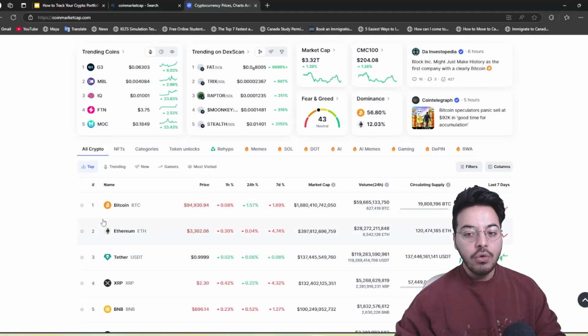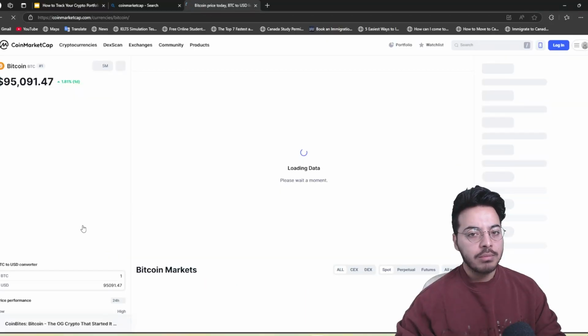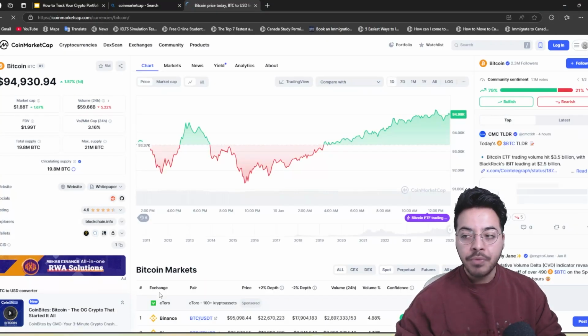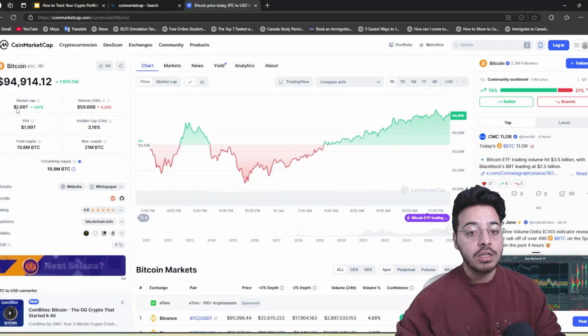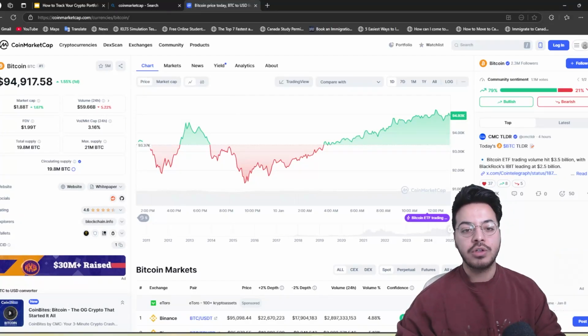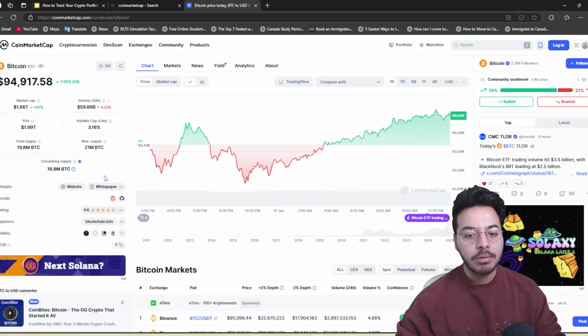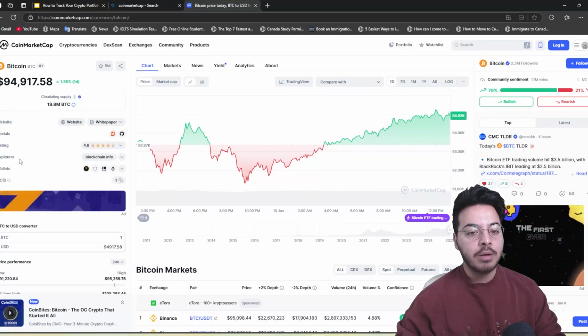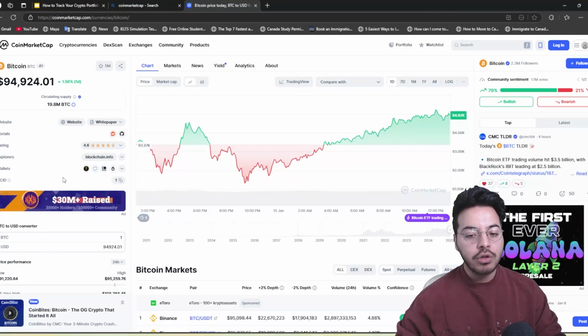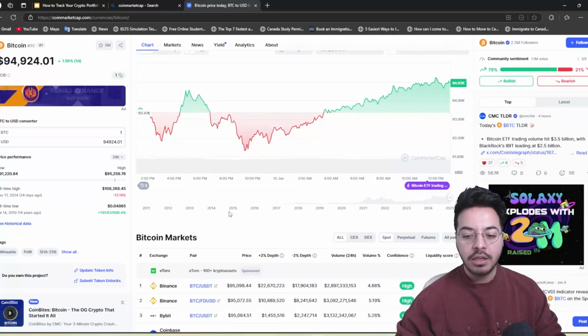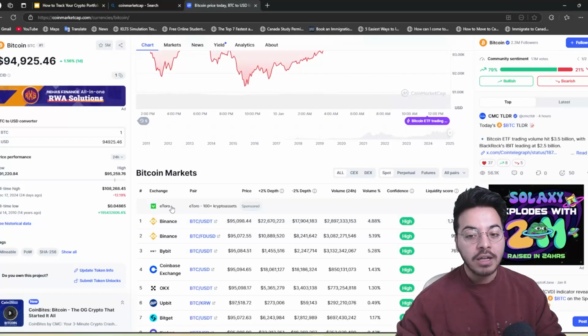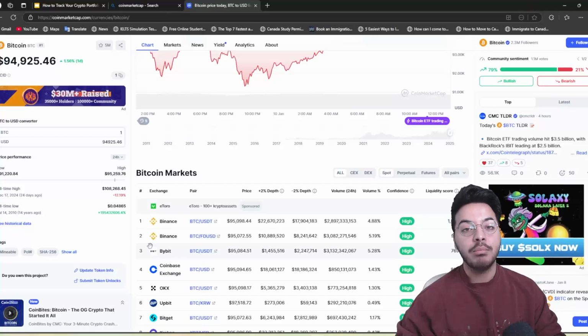So if you are planning to get information about your specific coin, you click on that and you have a different interface. You can see the market capitalization of Bitcoin, the volume in 24 hours, the FDV, the total supply, the maximum supply, and every single piece of information about the explorer, the website, the price, and where exactly you can buy Bitcoin.